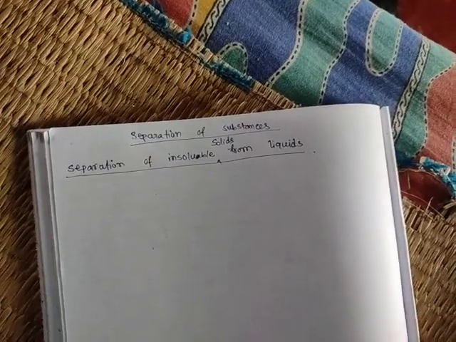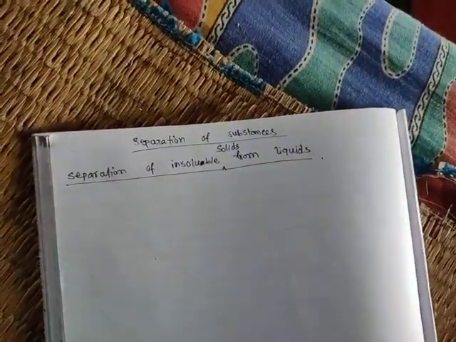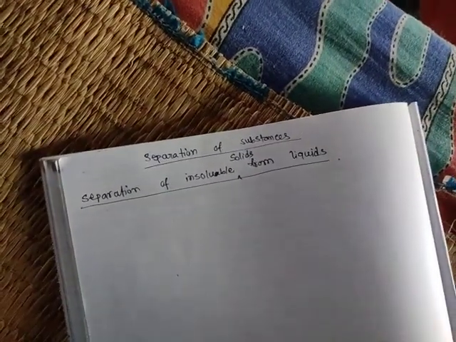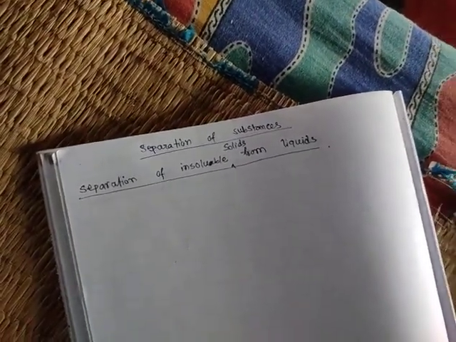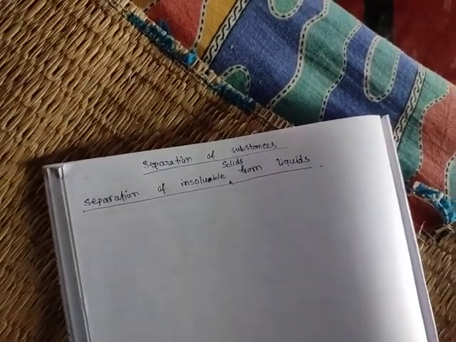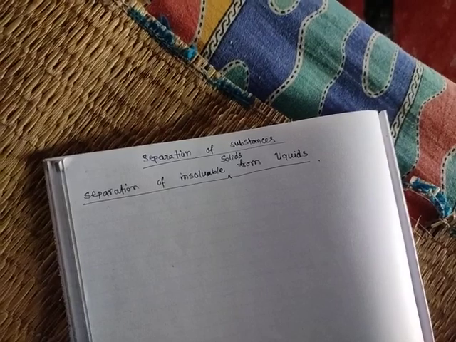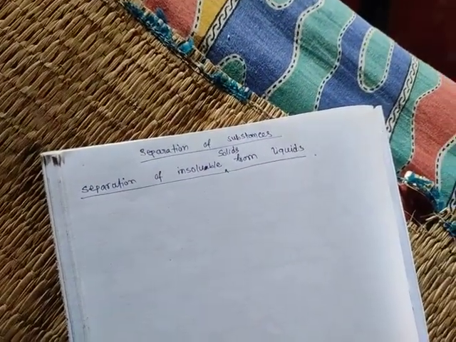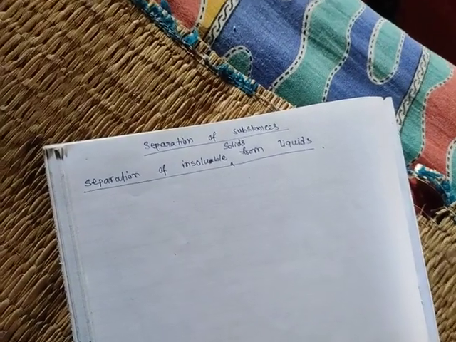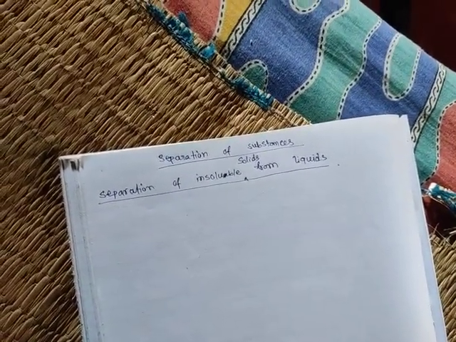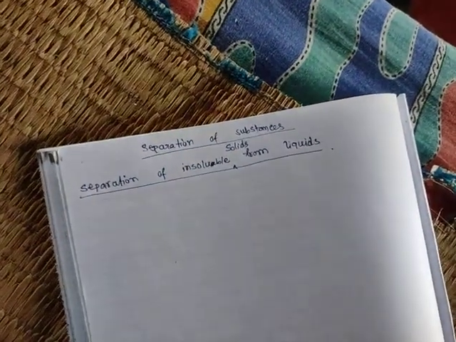At first you have to know what an insoluble solid is. Insoluble solid means the solids which do not dissolve in water, or in any other liquid used as the solvent.